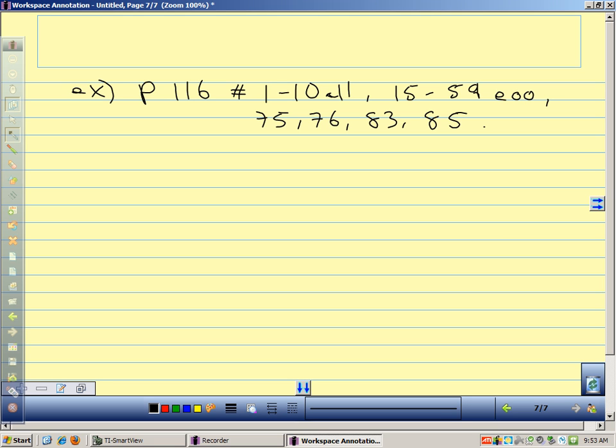I wanted to give you one other quick reminder. We talked about it a lot the first part of the semester. Some of the problems ask you about finding zeros. Finding zeros is the same as solving.